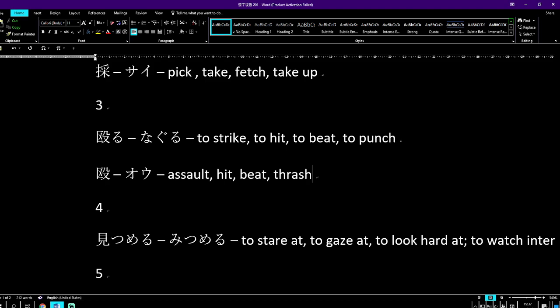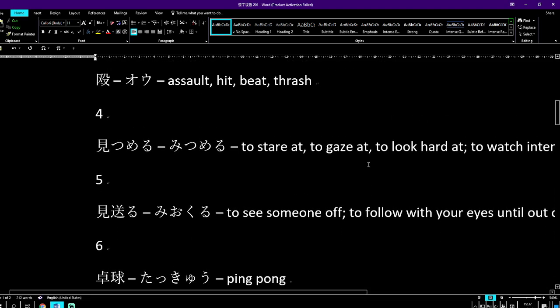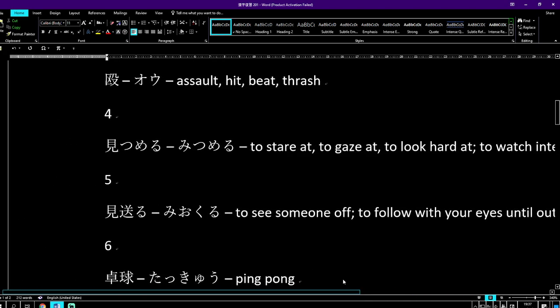Naguru, to strike, hit, beat, or punch. Number 4 is mitsumeru, to stare at, gaze at, to look at hard.